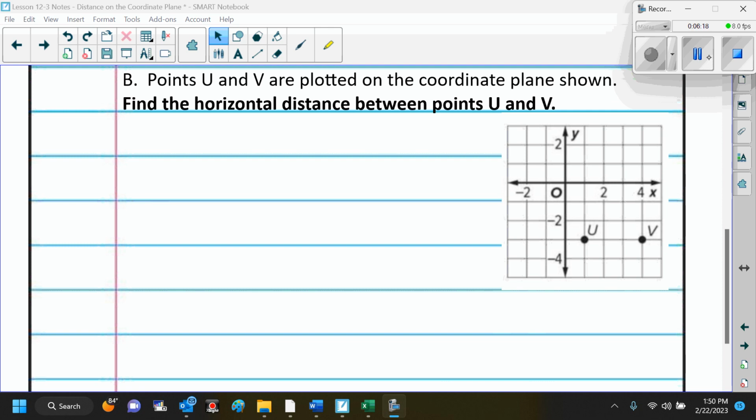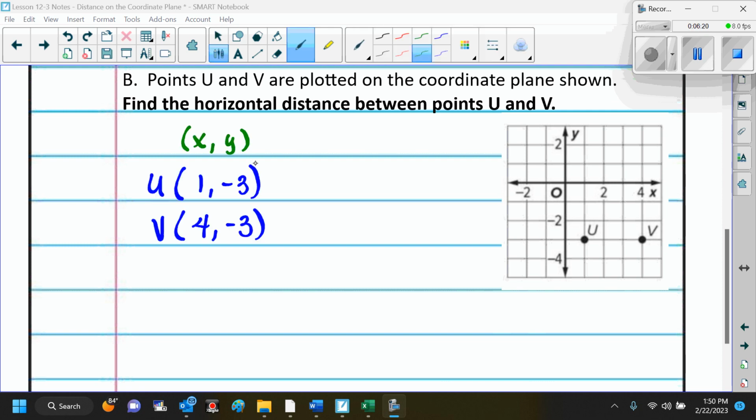Use your calculations. So the first thing you want to do is write the ordered pairs for each of those points, okay? So U is at (1, -3), and V is at (4, -3). Now, you can see that the ordered pairs are in the same quadrant.